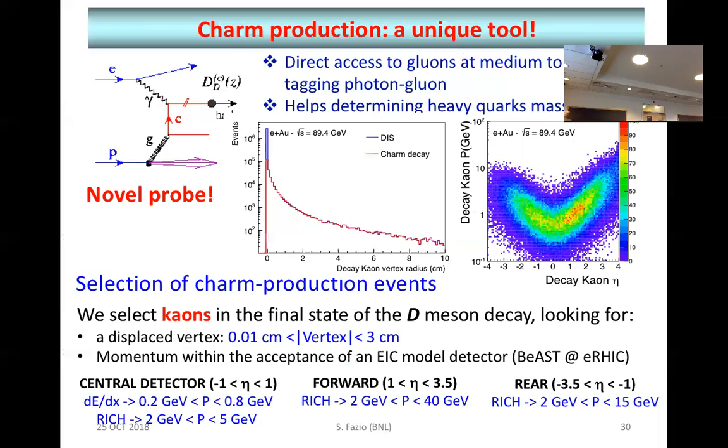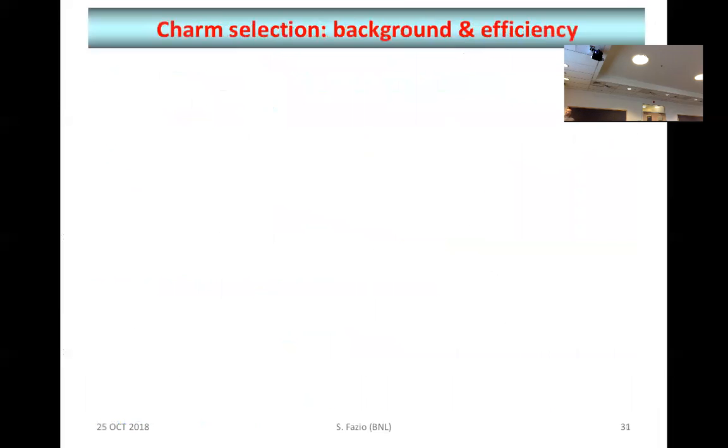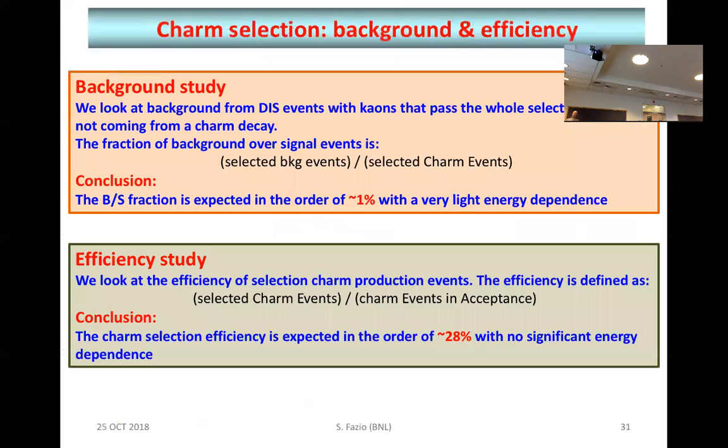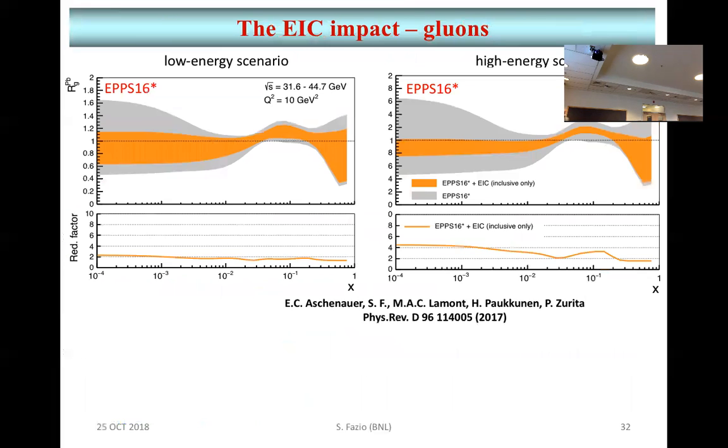And here is the rapidity coverage and the momentum coverage of the decaying kaons, which are completely within the reach of an EIC detector. We studied the background and concluded that it will not be significant, and the efficiency in our model detector was around 28%.